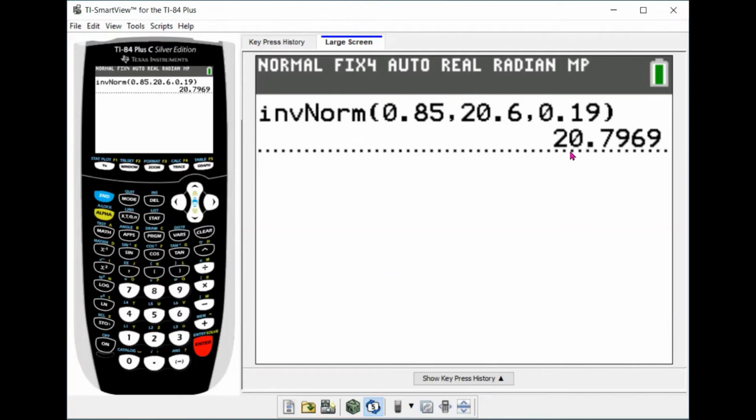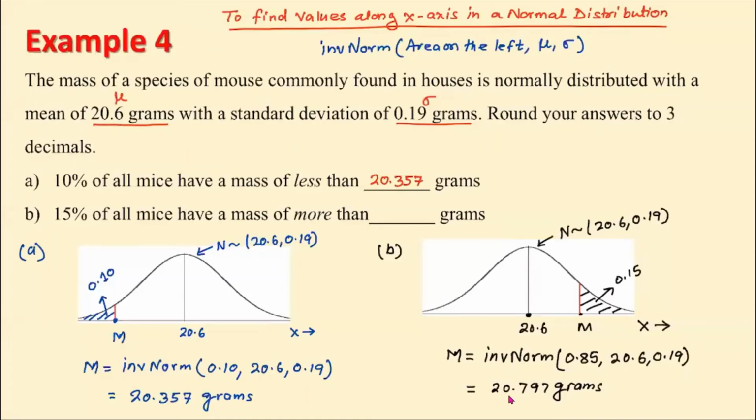20.7969. We are asked to write up to 3 decimal places, so it will be 20.797 grams. So 20.797 is the cutoff score for the upper 15% from the lower 85% weight.